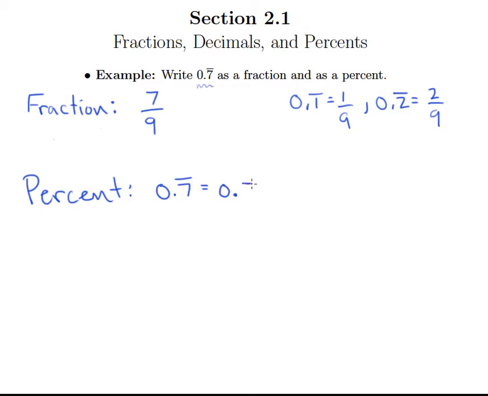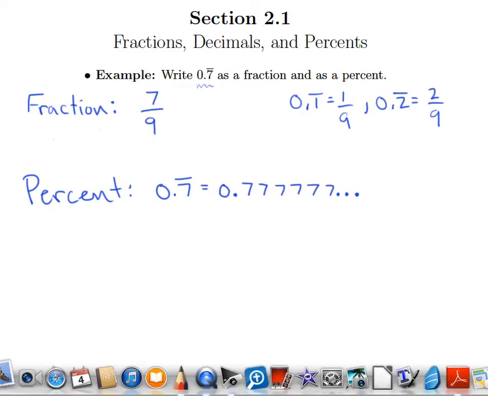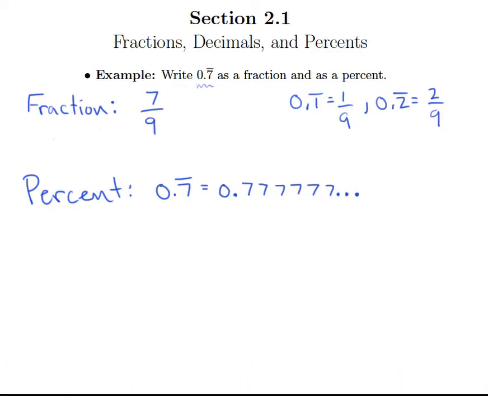Well, it means 0.7777, and do quite a few here just to make sure you really understand what you're dealing with. So 0.7, and I put these ellipses, just dots that indicate it just keeps going forever and ever. Okay? Well, now if I want to convert it to a percentage, I know that I am going to move that decimal point to the right 2 places.